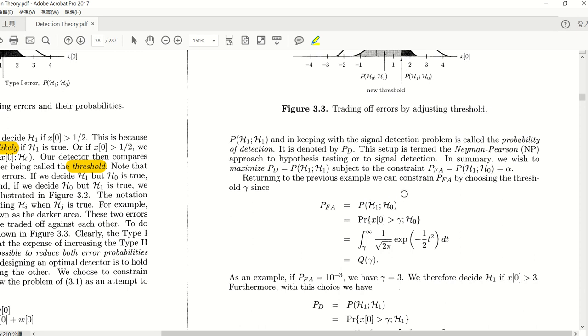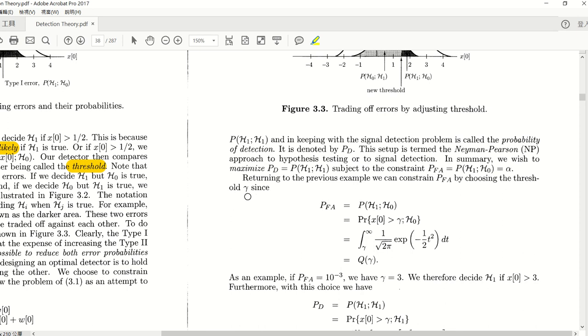When we put something in front of the semicolon, it means we decide our decision is H1. So we decide on H1, conditioned on H0 as the ground truth. This is the false alarm.